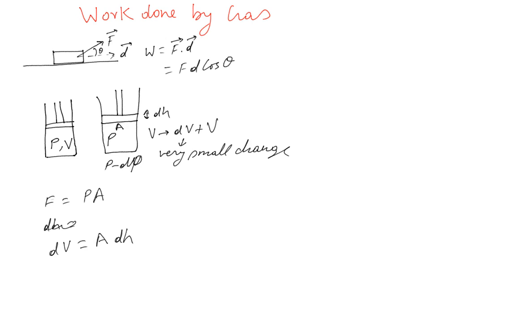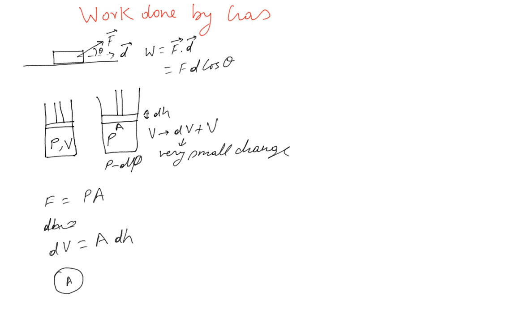So the small change dH is going to change the small volume of the gas. A is the area, and the piston is moving up a distance dH, so the volume it has vacated is going to be this.